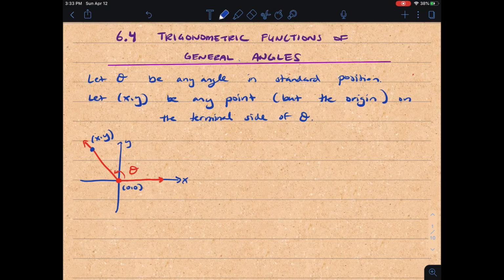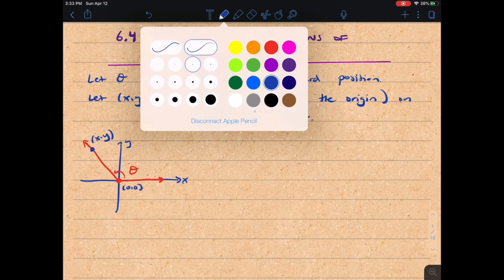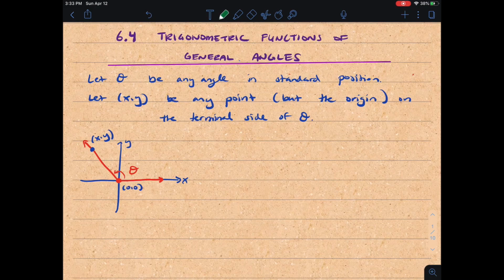And before I define the 6 trig functions, just one last thing I need to define as well. I'm going to take the distance between my point x, y and the origin. I'm going to call that r. And so we're going to find r by using the distance formula.